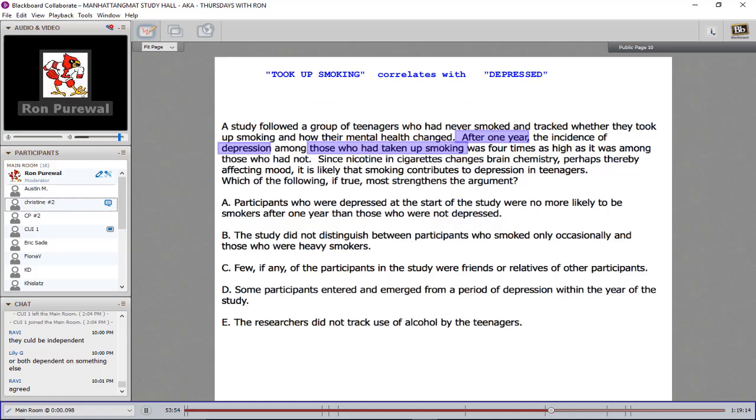Let's talk about a couple of ways that this might not be true. They say taking up smoking causes, it's an arrow, cause and effect, that. That's what they think.